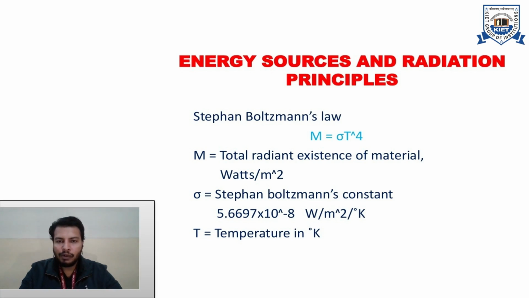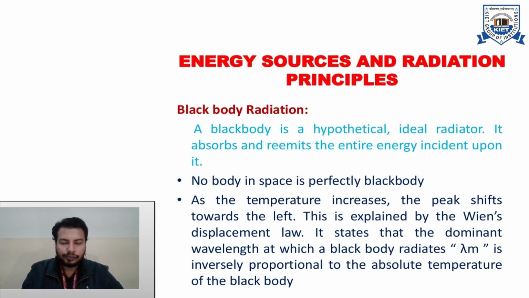One is the Stefan-Boltzmann law, which gives the relation M equals sigma T to the power 4, where M is the total radiant exitance of the material in watts per meter square, sigma is the Stefan-Boltzmann constant, and T is the temperature. So we can estimate the total amount of radiance available.